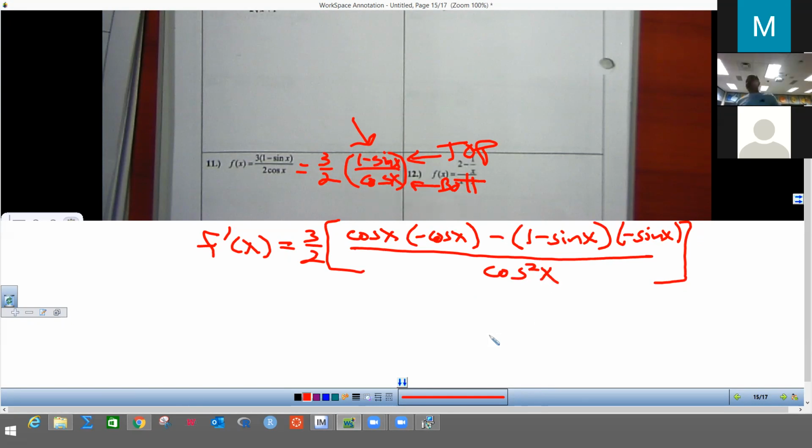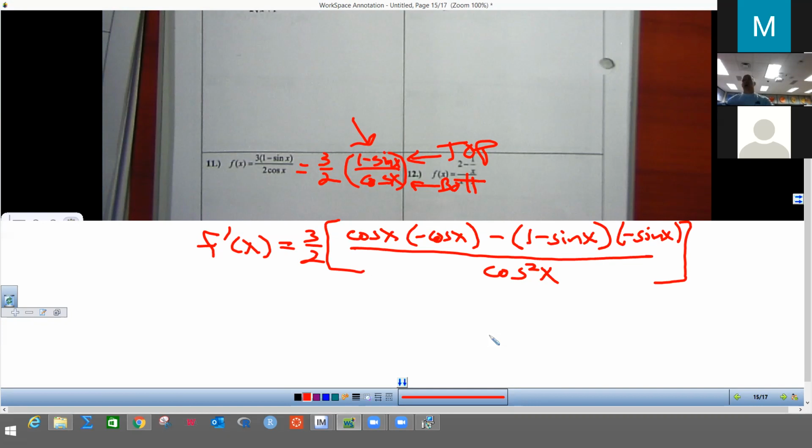Again, that is the big deal right now, that you understand how to do that right there. Bottom times derivative of the top minus top times derivative of the bottom, over the bottom squared. So make sure you get that down. You want to write it down. I say it to myself every time. There's a saying that some people use, which is the same thing. They call the bottom the low and the top the high.